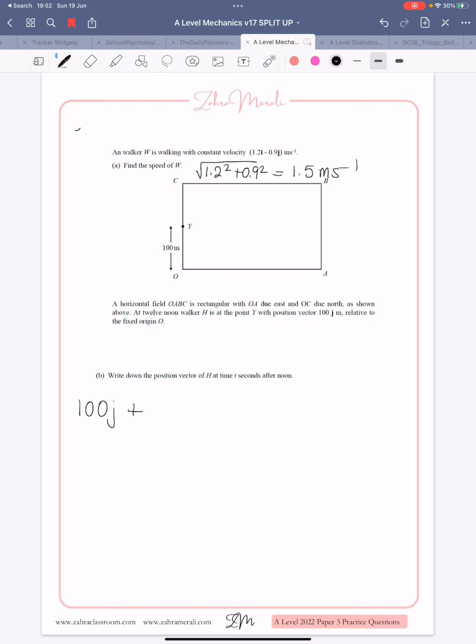Now, every single second, he is walking 1.2I minus 0.9J. This would be your position vector. But what you're going to do is write all the I's together and all the J's. And we're used to having the I's first and then the J's.